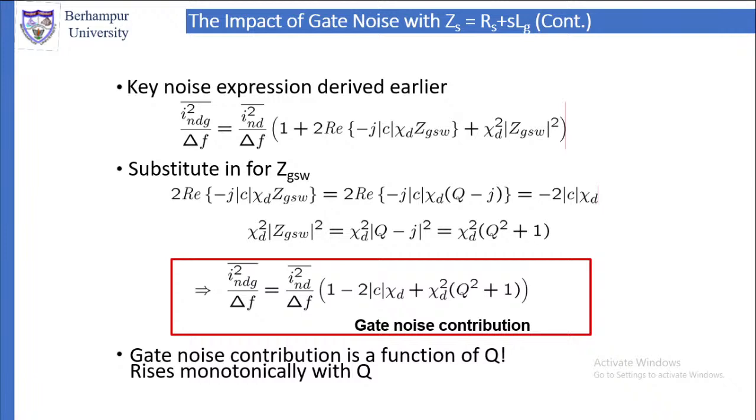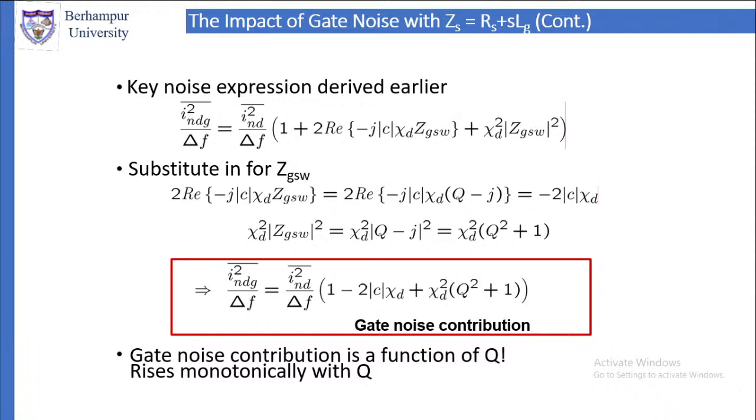Using those values, the noise expression will be the variance of the drain current by delta F times 1 minus 2 absolute C xi d plus xi d square times Q square plus 1.